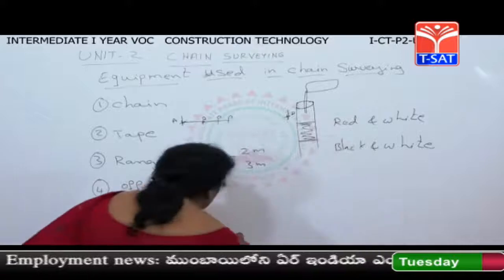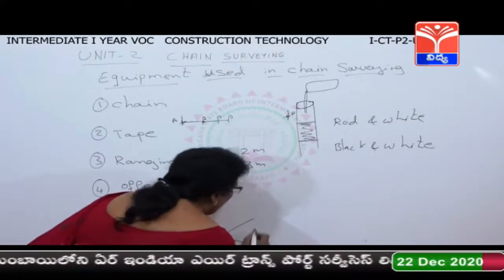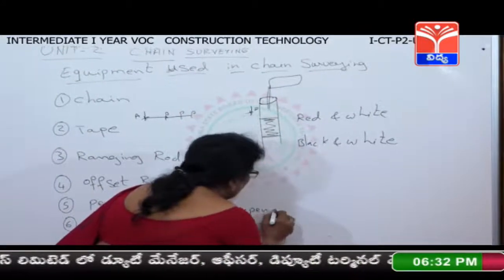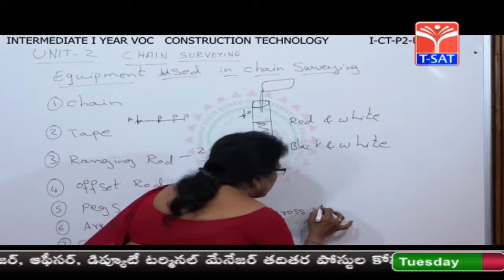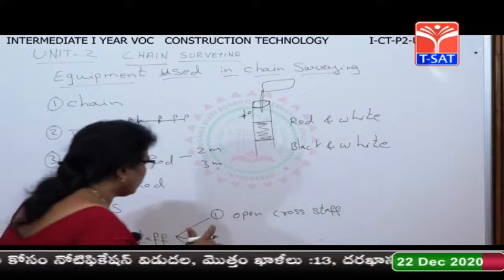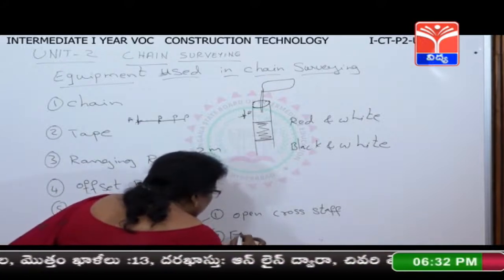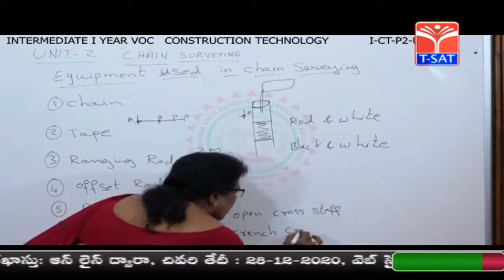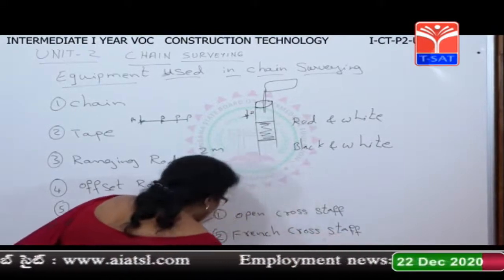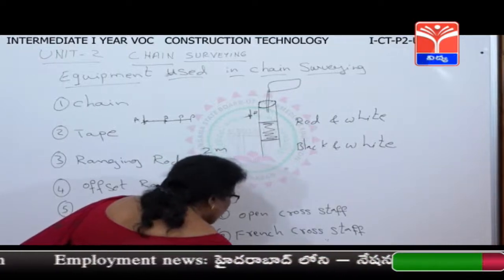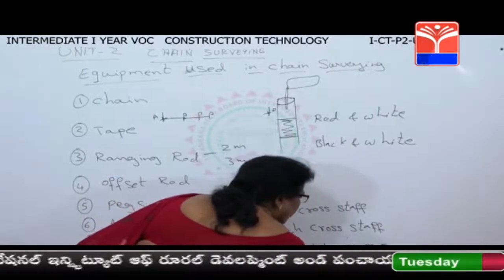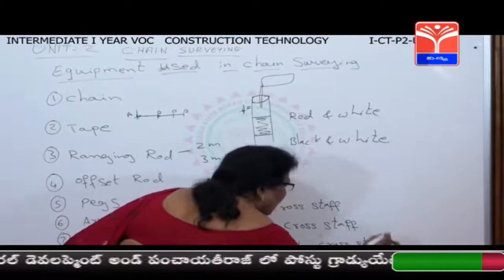You have 3 types of cross staff. One is open cross staff, and next is French cross staff and adjustable cross staff.